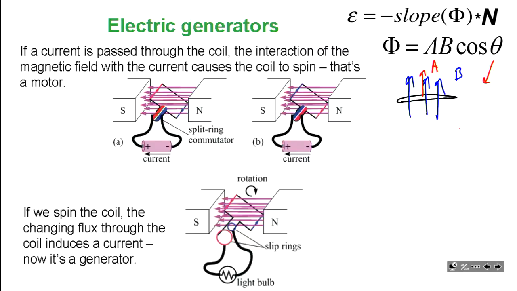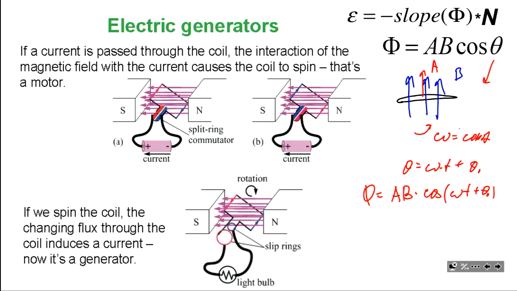Now, PY105 says if the rotation is happening with constant angular velocity, the angle changes linearly, constant velocity equation. So the flux will change, but not linearly. It will change as a cosine or sine, because we can always switch from cosine to sine and back and forth if we choose this constant correctly.